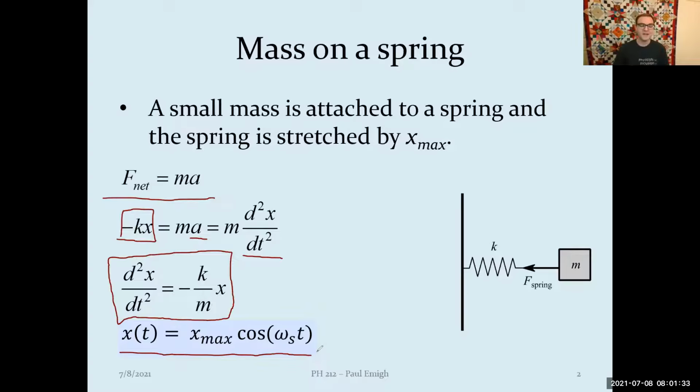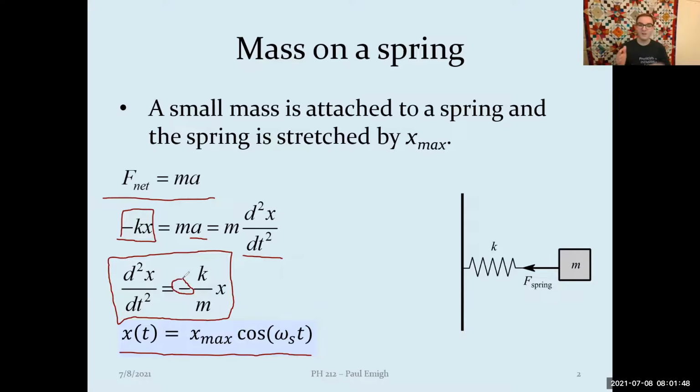So I know that anytime I want to take two derivatives and get back to where I started, that's going to be sines or cosines. And an important feature of that is that there's this negative sign here.